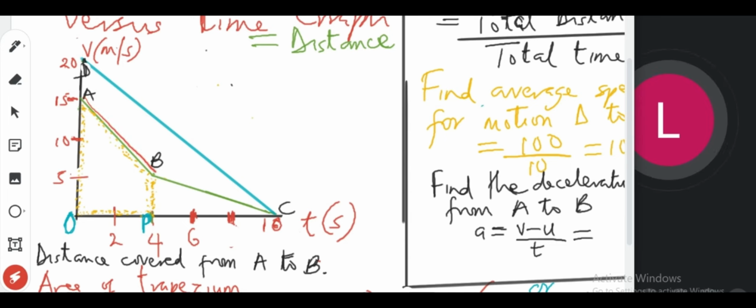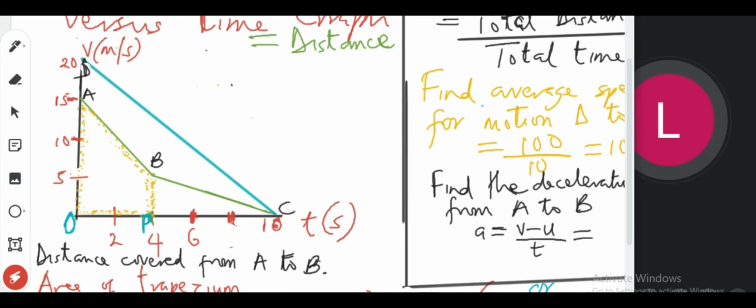Remember, when you're talking about area under the graph, you measure it until you get to the time axis. So this whole place. The shape of the area under the graph is a trapezium. It has 4 sides, and 2 of the sides are parallel, the ones that are facing each other.